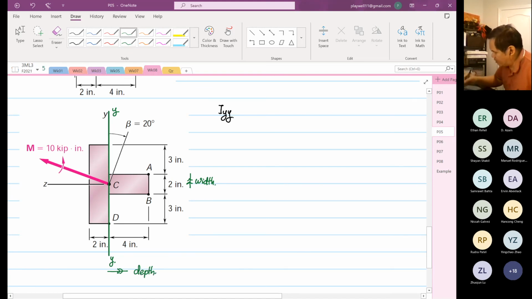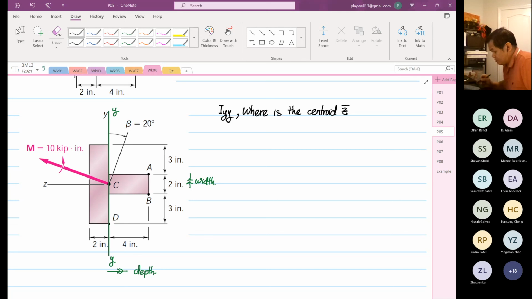But the problem is for Iyy, where is the centroid about z bar? On the z axis, where's the centroid? I don't know. You cannot say exactly. We have to find whether it is here or here. We don't know.